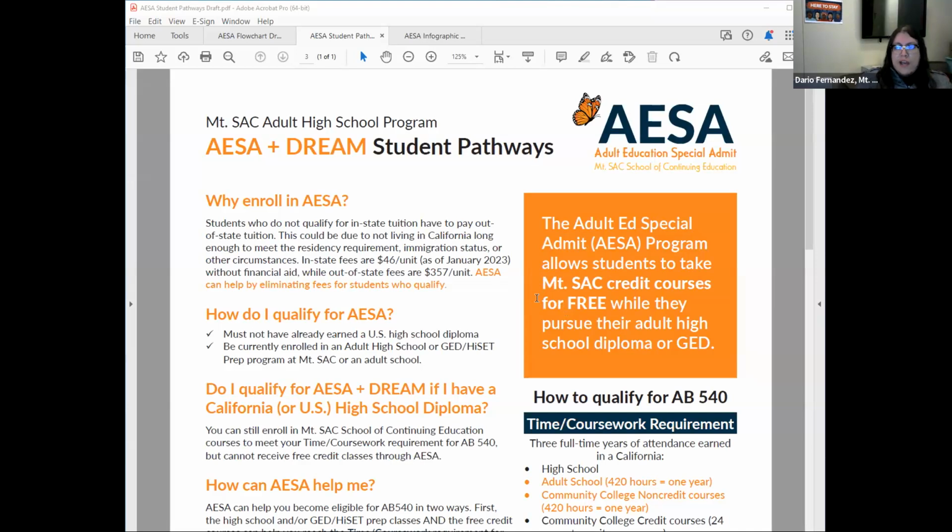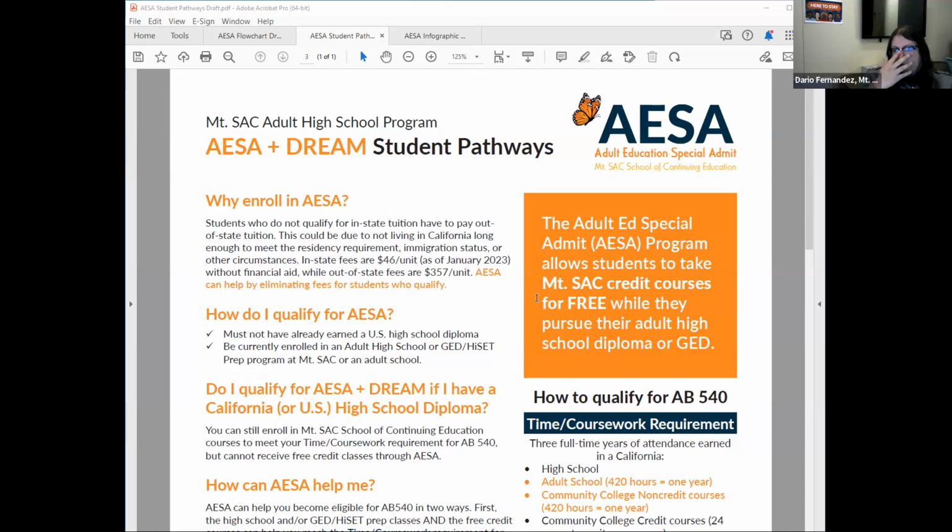While the adult special admit program is available to any student, right? We know with the population that we work in, the subgroup of our undocumented students, there's a special benefit for them, especially when they don't have a GED or a high school diploma yet, but are ready to take on college credit courses, right? And they feel ready to do so.